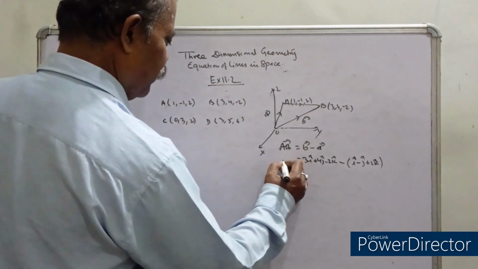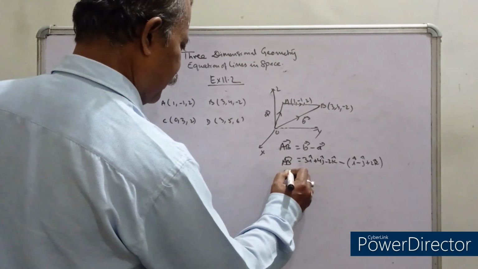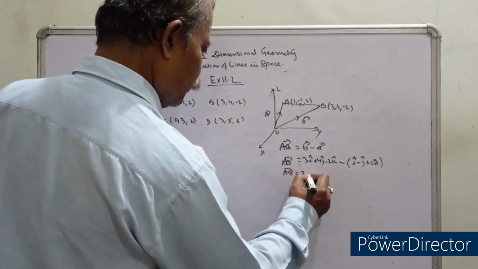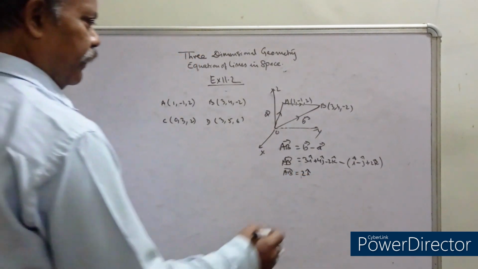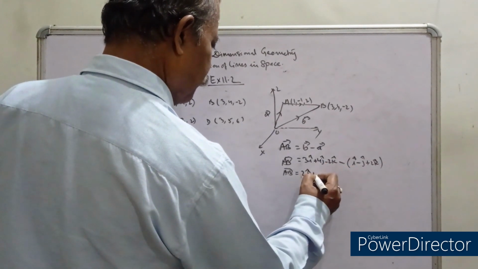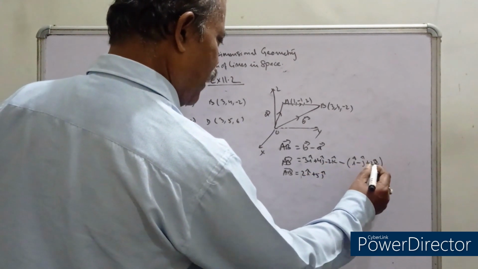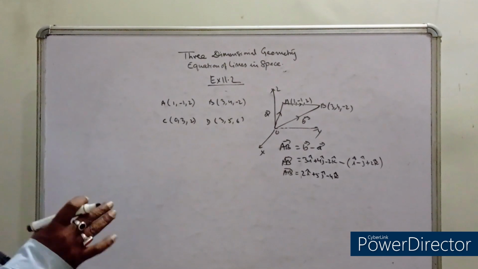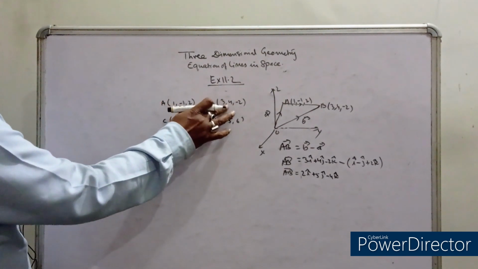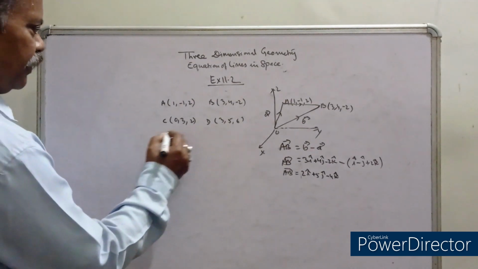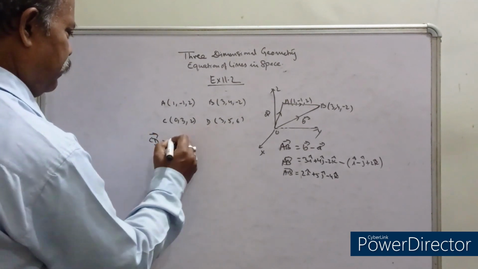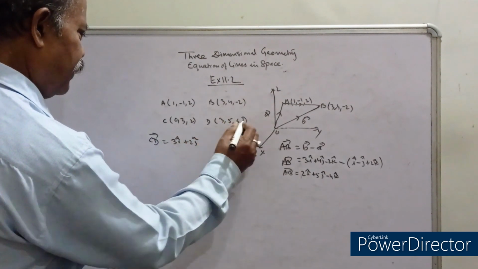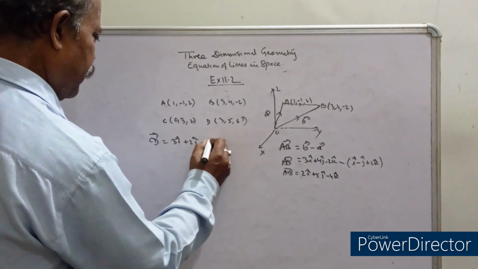So AB vector is 3 minus 1, that is 2i cap, 4 plus 1, that is 5j cap, and minus 2 minus 2, that is minus 4k cap. In short, AB is 3 minus 1, 4 minus (-1), -2 minus 2. Similarly, the CD vector will be 3 minus 0, 3i cap, 5 minus 3, that is 2j cap, and 6 minus 2, that is 4k cap.